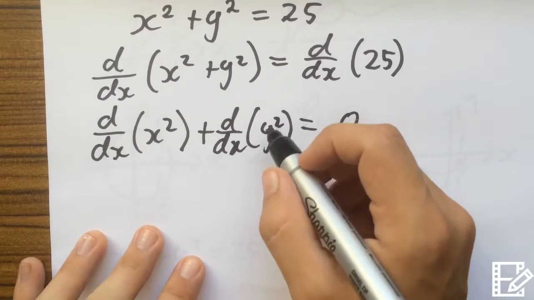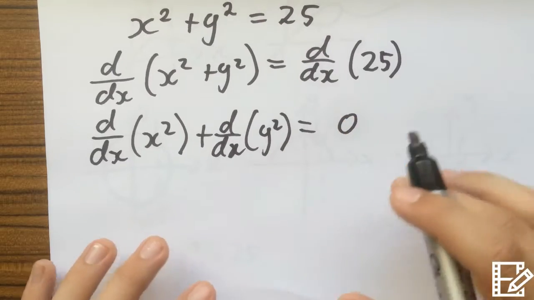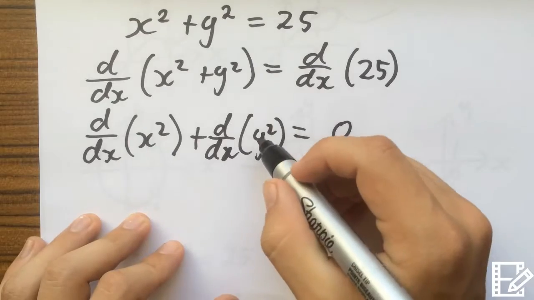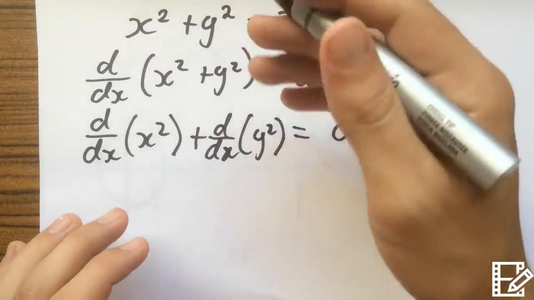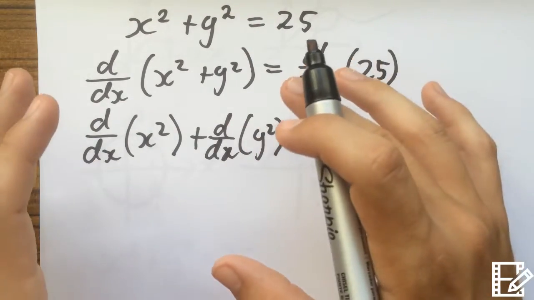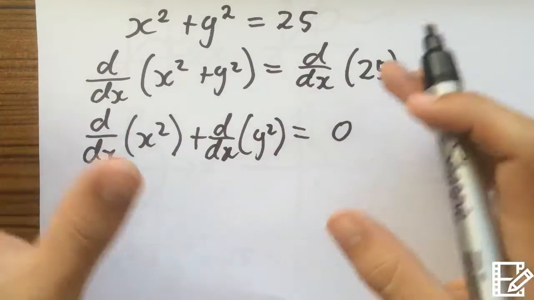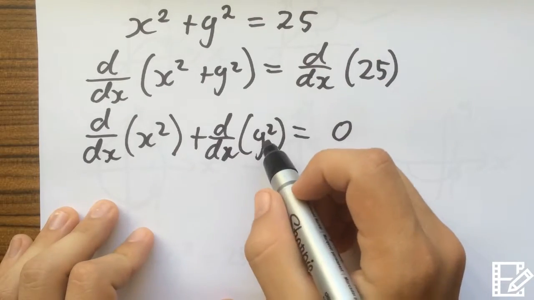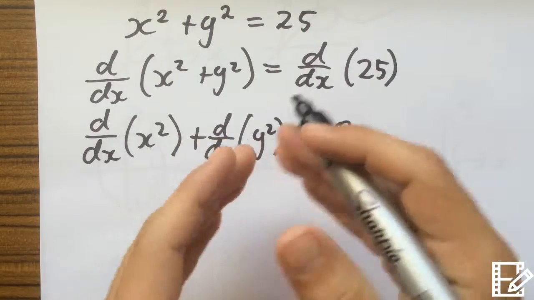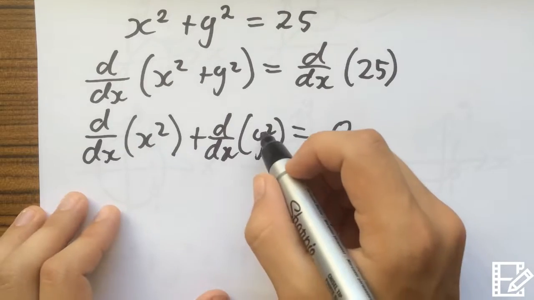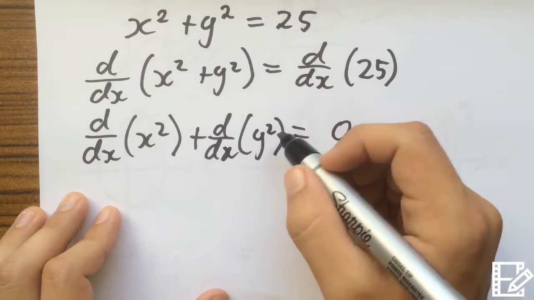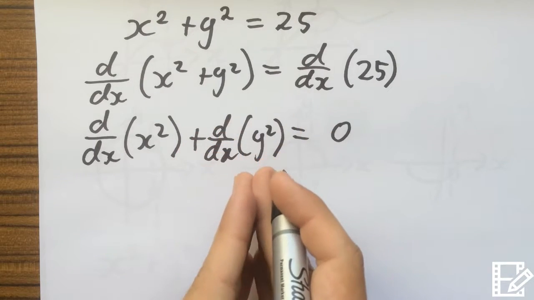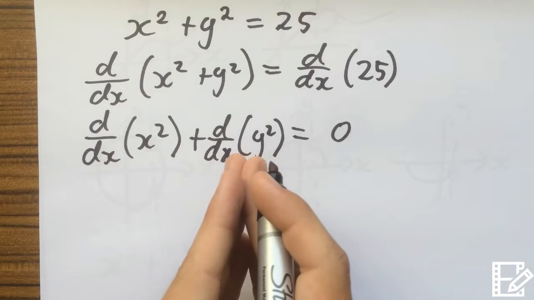Now keep in mind, when we go to derive y squared, in partial differentiation, y is another coordinate, your second dimension. In this case, we're not worrying about that. y is part of x. y isn't separate on its own, so we can derive it. It's not like a number or anything. We're going to be treating this as a function of x.